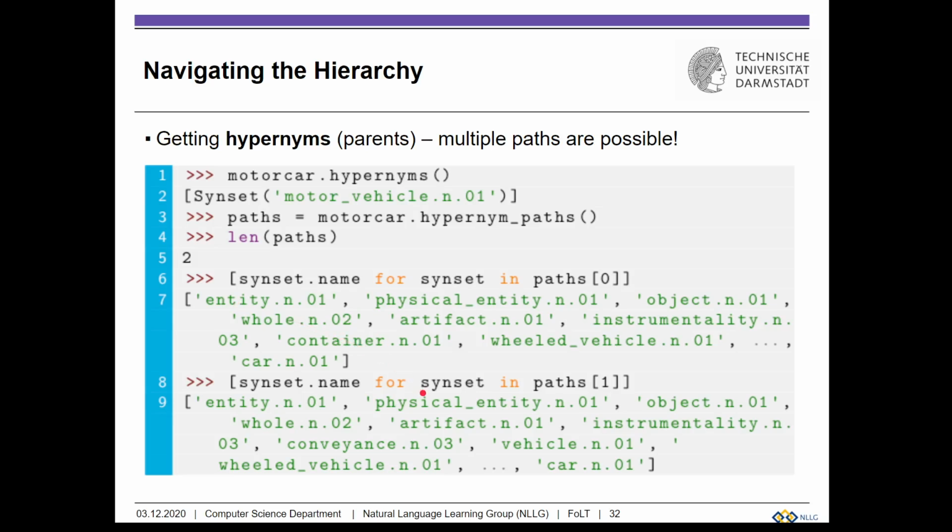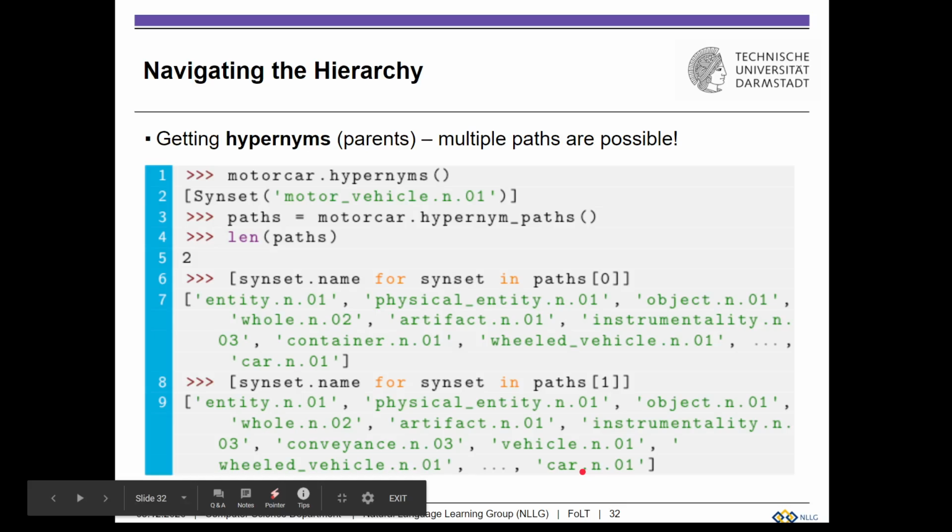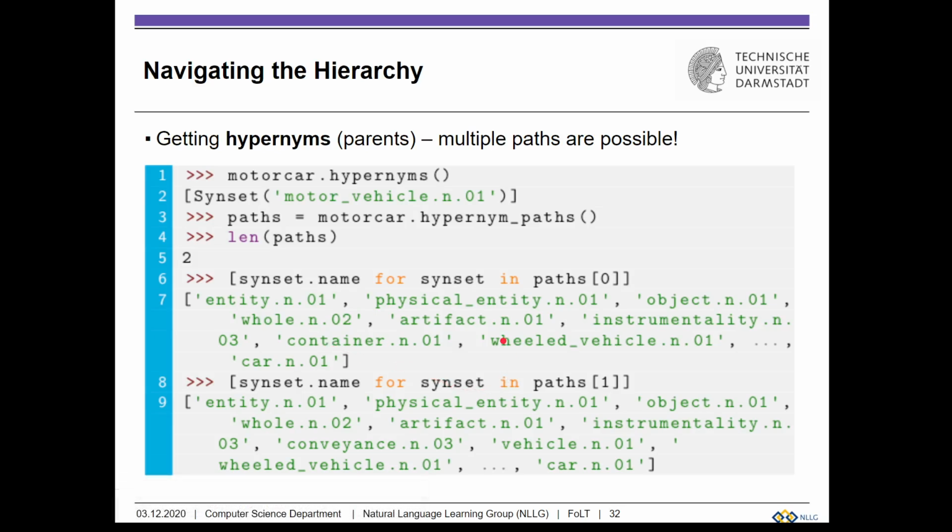A different path is, again, we start out from car, motor car, and then we go over wheeled vehicle to vehicle, and this is the difference. A wheeled vehicle is a vehicle, and a wheeled vehicle is also a container. This is the cause of the two different paths.